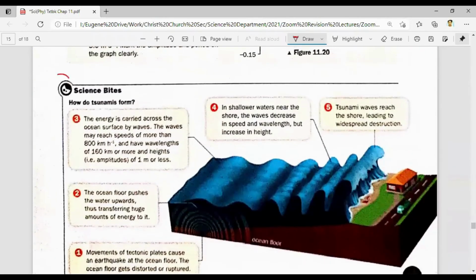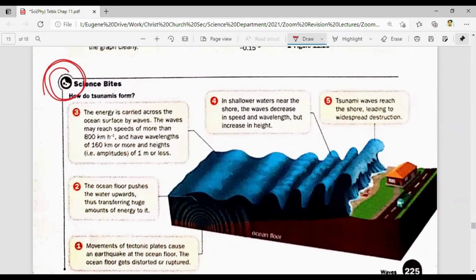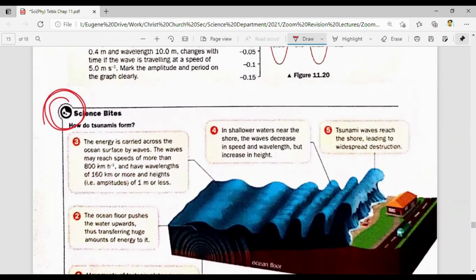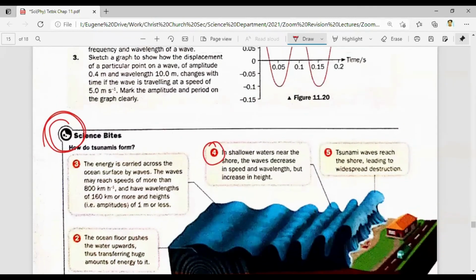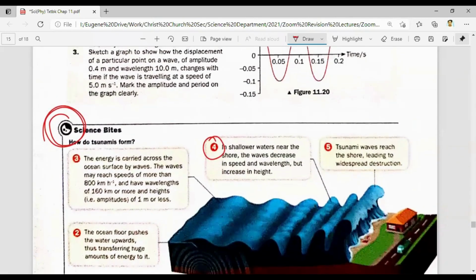But there's actually something I need you to take back from this science bite over here. So listen carefully. What is this little thing I need you to take back? It's from point number 4. Shallow waters, wave decreases in speed. When we talk of shallower waters, it most probably means it's going from deeper waters.